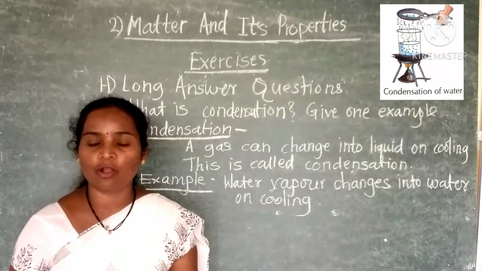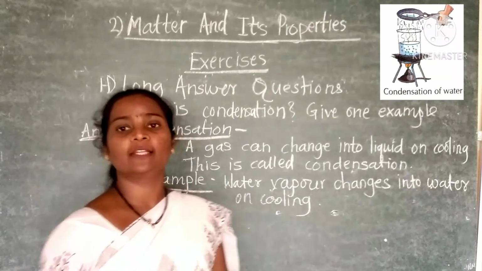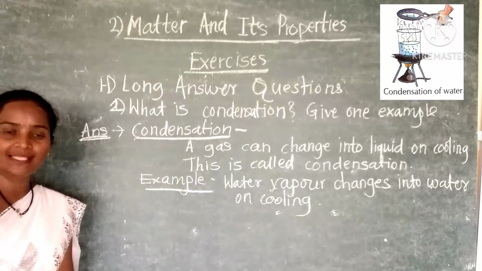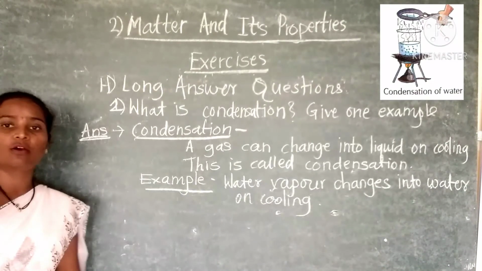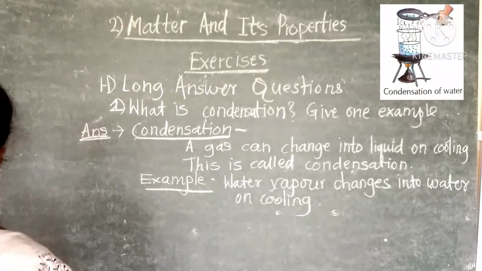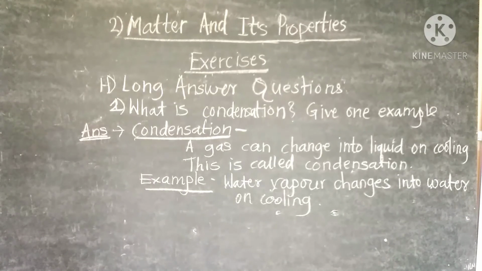This is called as condensation. You should write down first of all the definition, and then write down the example. Water vapor changes into water on cooling. You should draw the diagram also. Then your second question is also over.